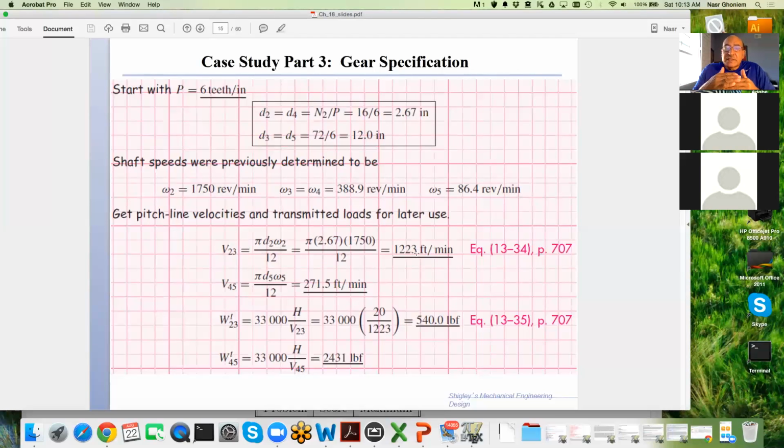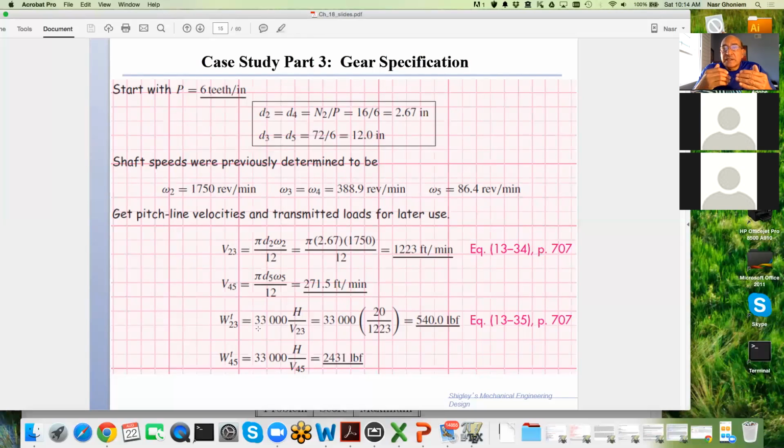And the pitch line velocity, the velocity times the force at the contact, because you can imagine the two gears are contacting, there's a velocity, and the velocity times the force is equal to the horsepower. So the velocity V23 times the tangential force in this case, because it has to be along the pressure angle, along the tangent, is equal to the horsepower times the conversion factor.